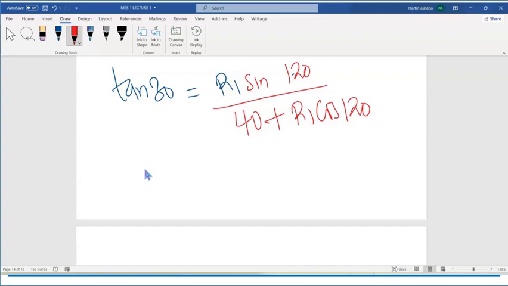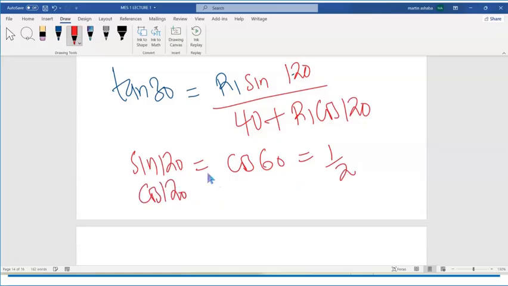Sine 120 is the same as cos 60, and this is the same as a half. Cos 120 is the same as negative sine 60. And this is negative root 3 out of 2.